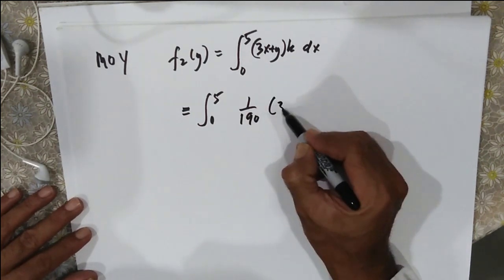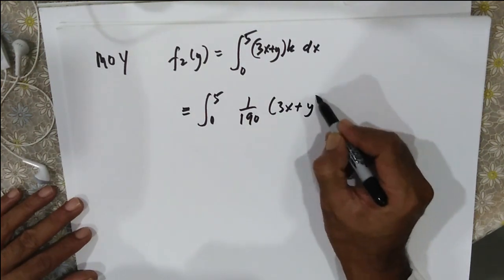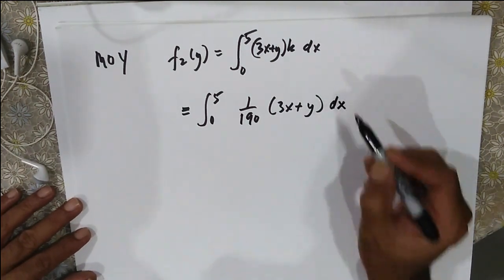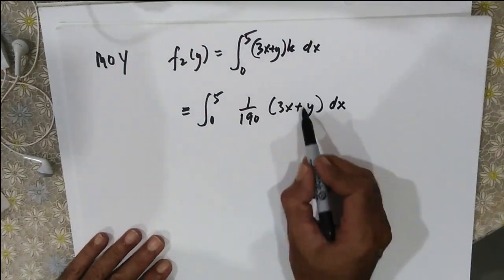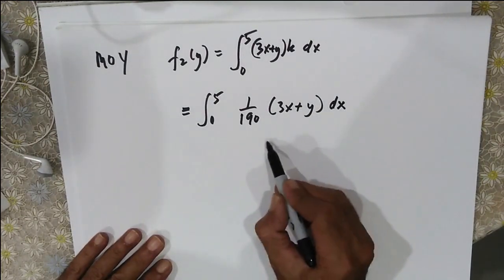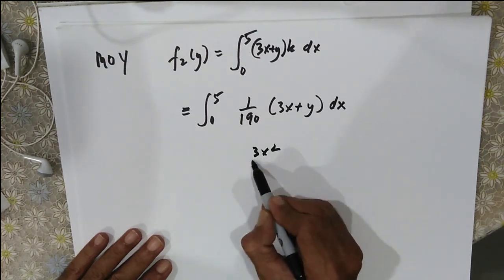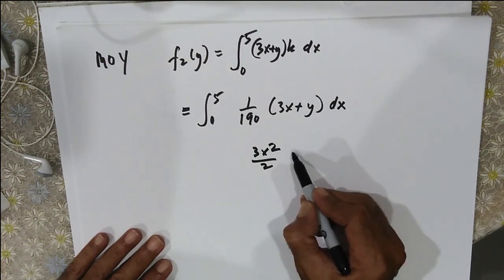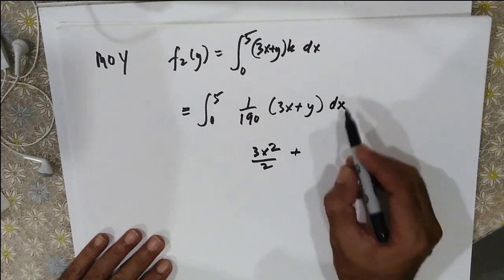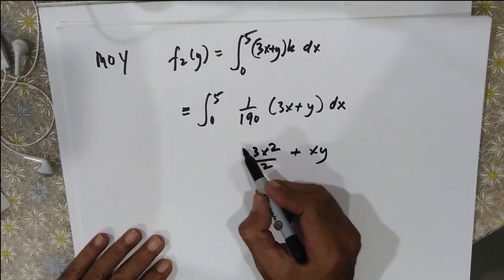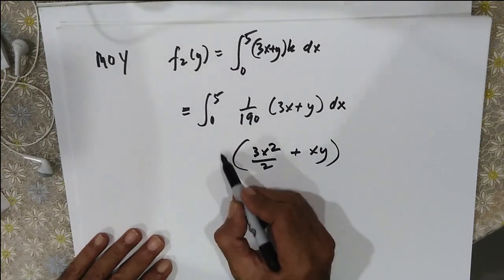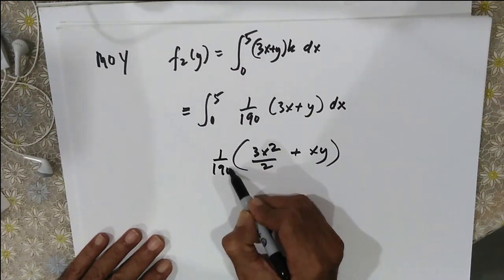For 3x plus y, we integrate with respect to x. If we integrate 3x, we have 3x raised to 2 over 2, plus the integration of y, which is xy, multiplied by 1 over 190.